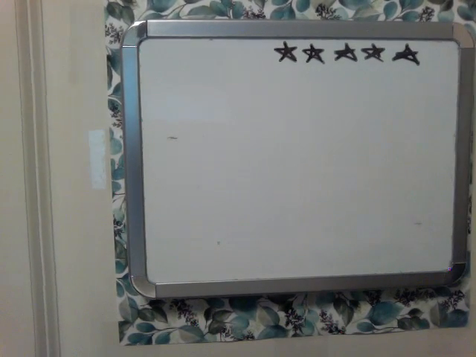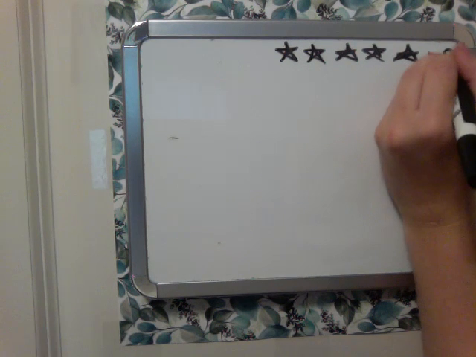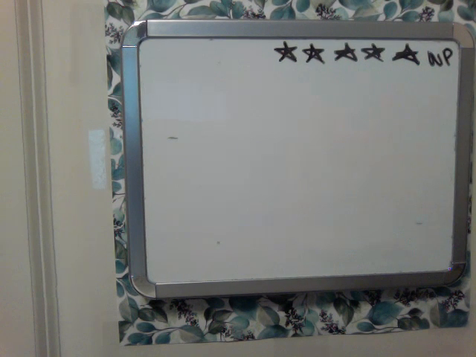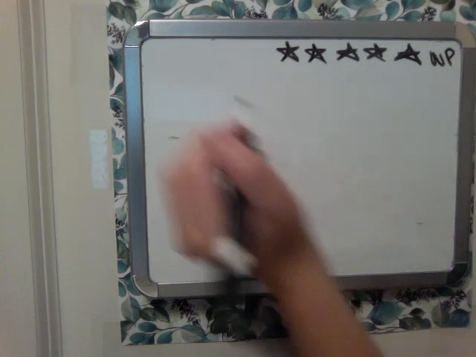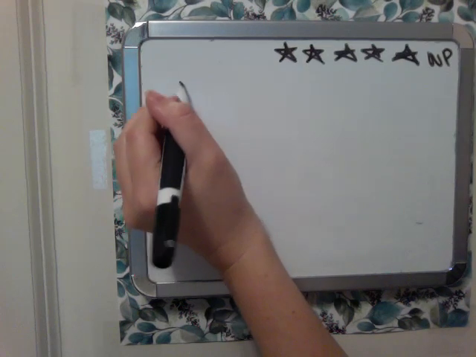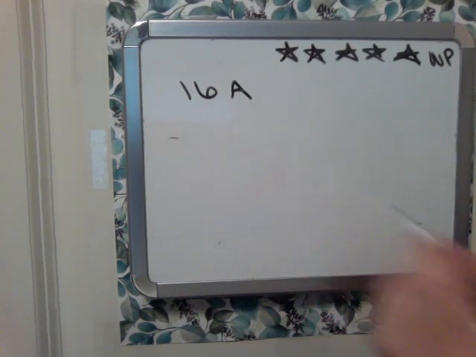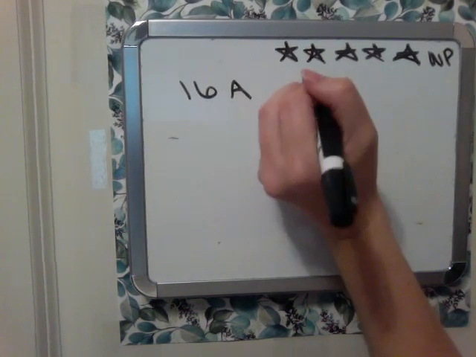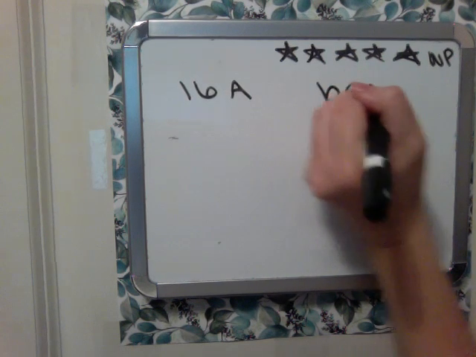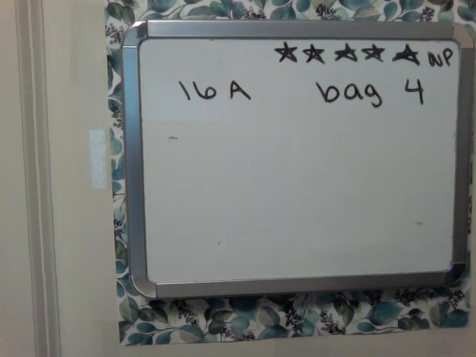Our last problem for today is the word problem. So we have apples, and she needs, Carol needs 16 apples, and a bag has 4 apples. How many bags will she need to buy?